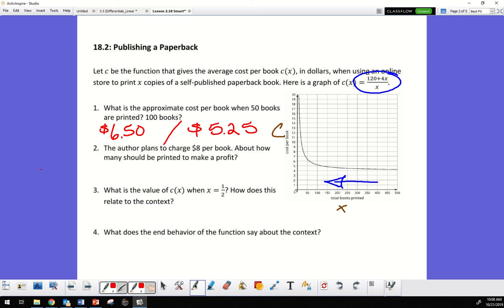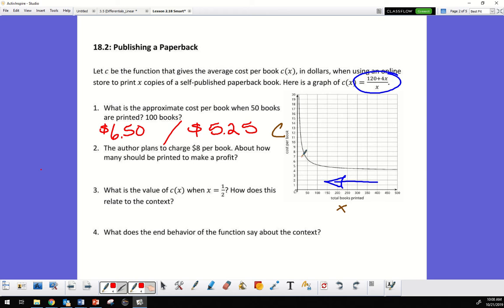So the author's charging $8 per book. And so to make a profit, any profit at all, how much needs to be printed? How much? Right about here, right? So right about somewhere in here.